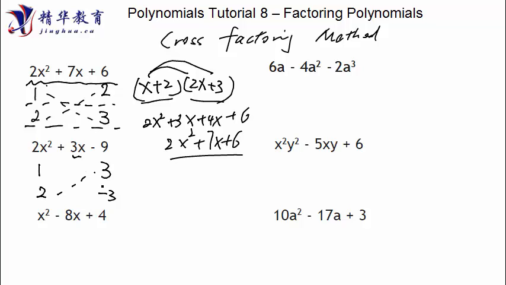Hey, we're done. If you do it wrong and add a negative sign here, you're going to get a negative 3. That means you know you need to switch the sign. Once you've done this, we get x plus 3, 2x minus 3. Done.